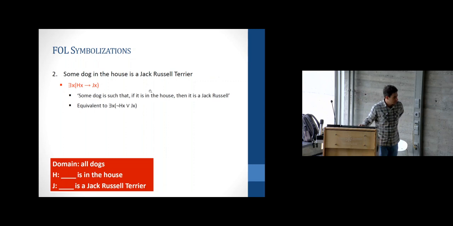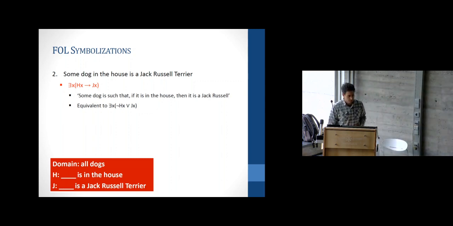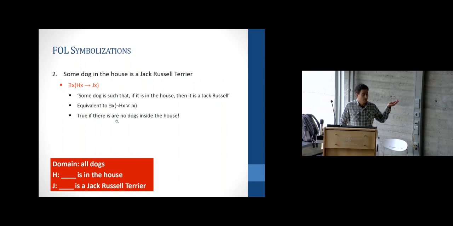Note that every conditional, if you remember the truth table, is basically saying either A is false or B is true. This is what the conditional is actually saying. Now you can see it using the truth tables. So I'm saying there is an x such that either x is not in the house or it's a Jack Russell Terrier, and this is true if there are no dogs inside the house, and this is not what we mean. Yeah.